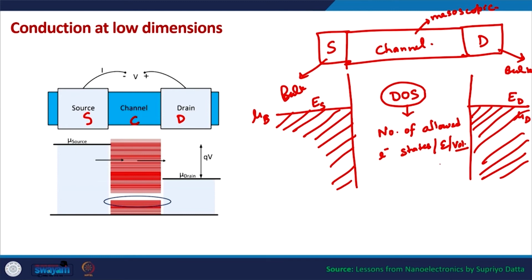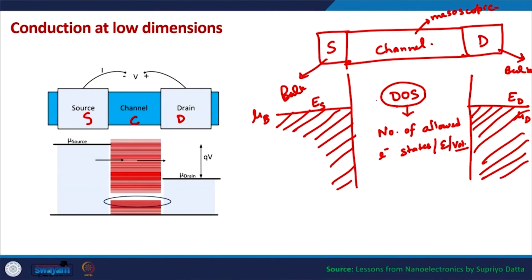So, this is what we need to see in our formalism. We first need to understand the density of states of the channel, and we need to understand the Fermi levels.